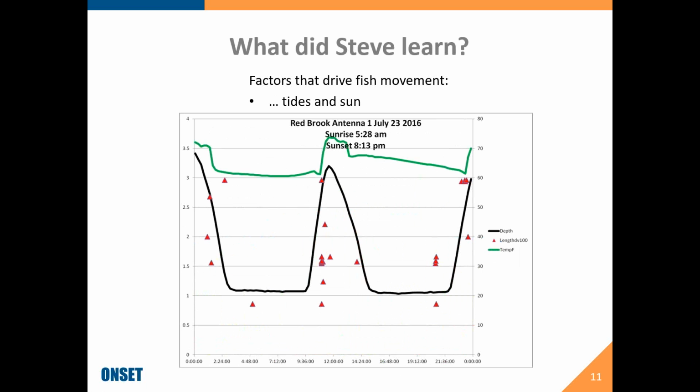And the red triangles are when the tagged fish would move by the tracking device. So you can see when the tide came in, that triggered a lot of the fish to migrate upstream. They also found a correlation with the sunrise and sunset as well. They tended to move more during the daylight hours.